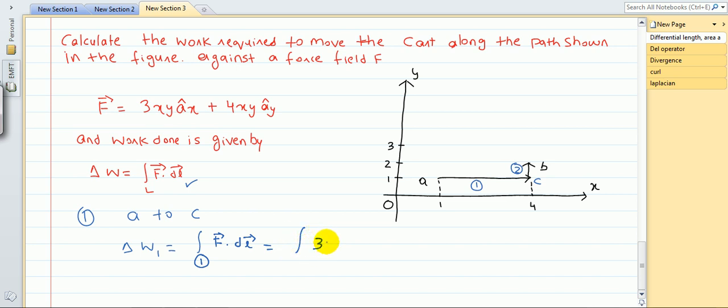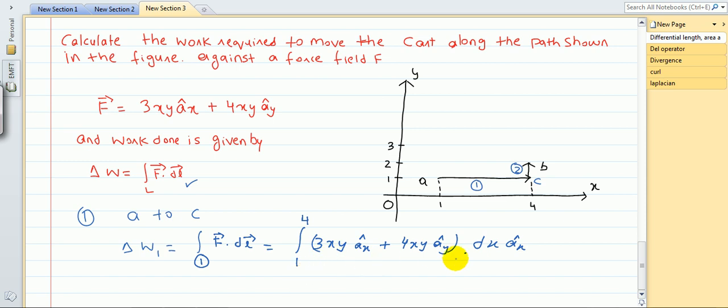It will be 3xy ax cap plus 4xy ay cap, dot dl. A to C we are moving in the x direction, so the differential length will be dx ax cap. And what are the values of x? From this it is 1 to 4. So we can put the limits of integration from 1 to 4.